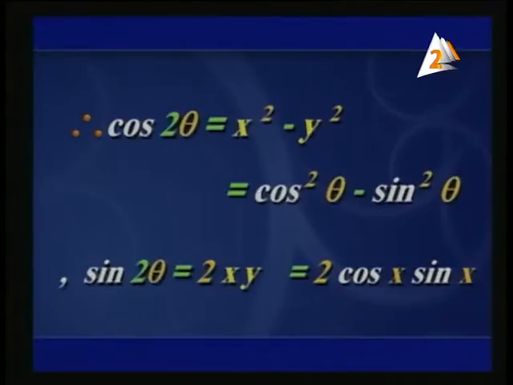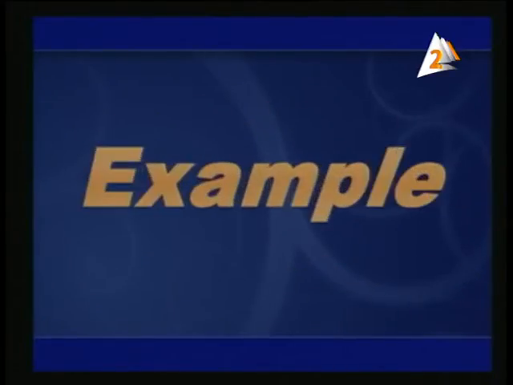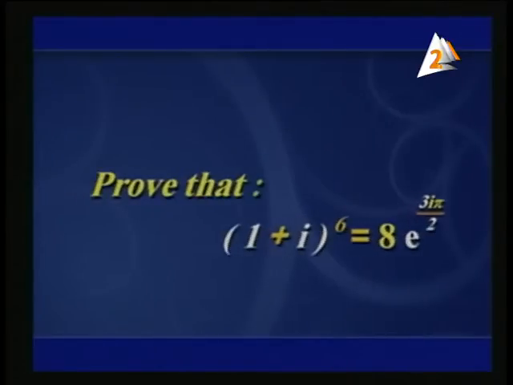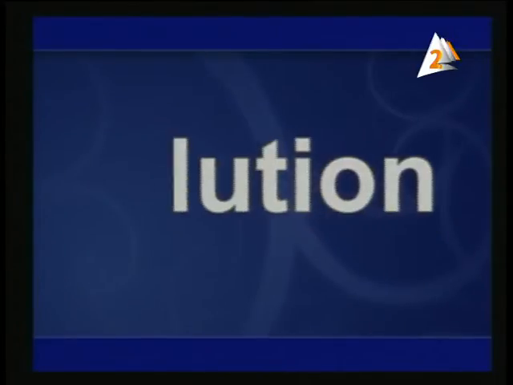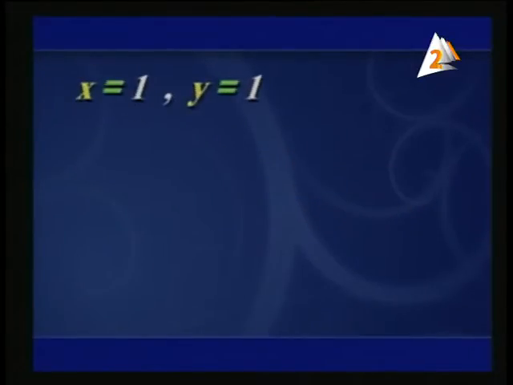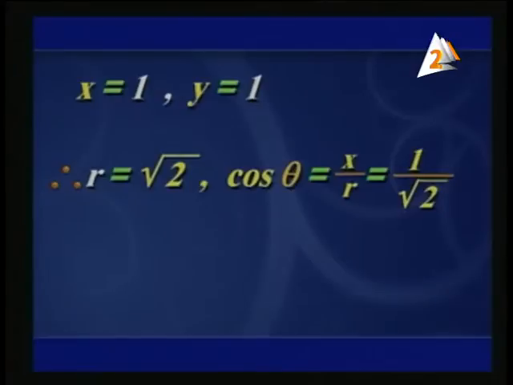Now, dear students, let's go to another example. Prove that (1 plus i) all to the power 6 equals 8 e to the power 3 i pi over 2. Solution. x equals 1 and y equals 1, therefore r equals root 2, and cosine theta equals x over r equals 1 over root 2.